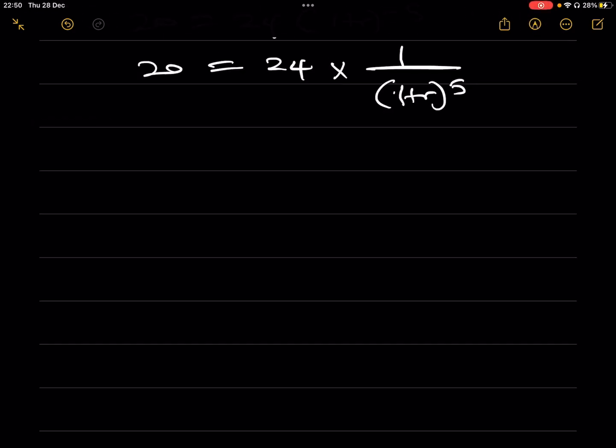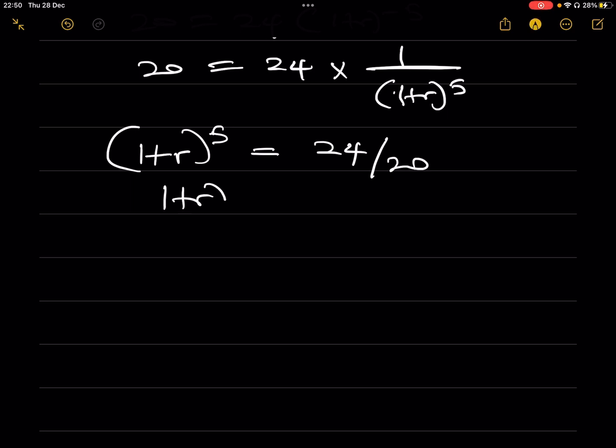So if you rearrange this formula, you have 1 plus R raised to power 5 equals to 24 over 20. And if you divide 24 divided by 20, that should give you 1.2. So 1 plus R raised to power 5 equals to 1.2. So 1 plus R equals to 1.2 raised to power 1 over 5.